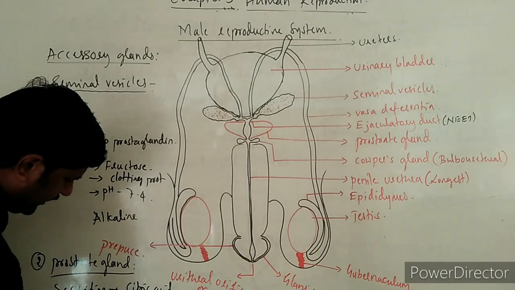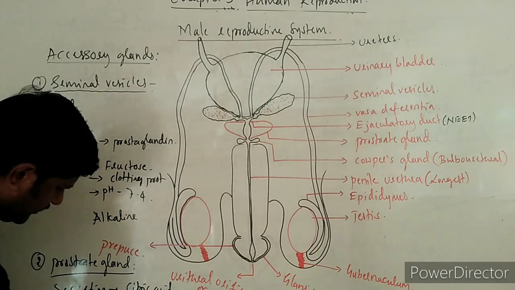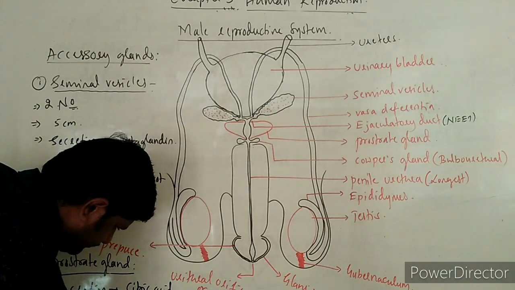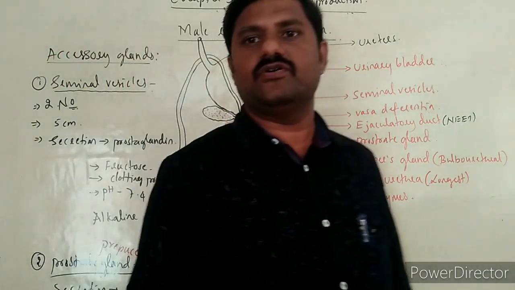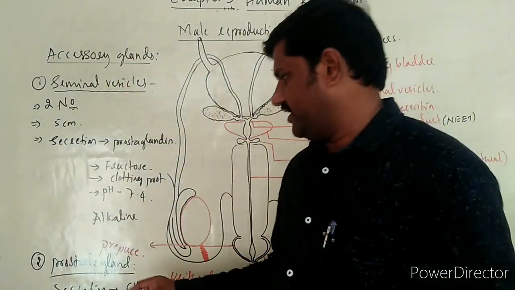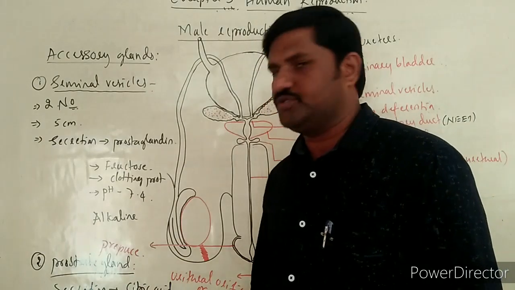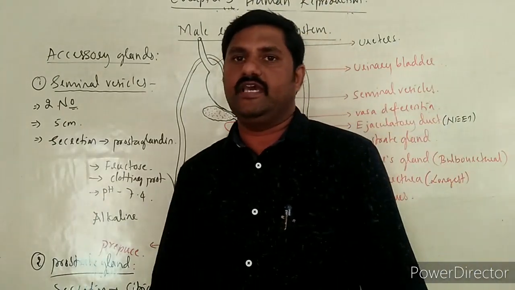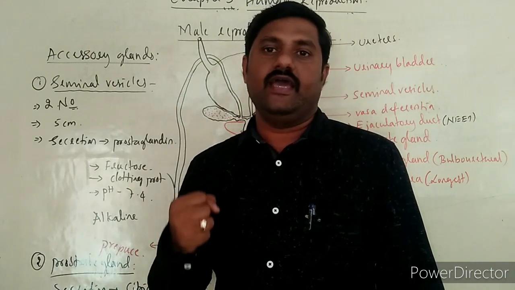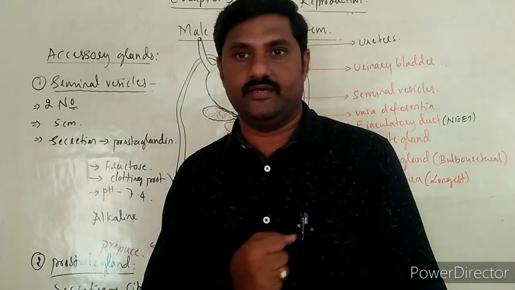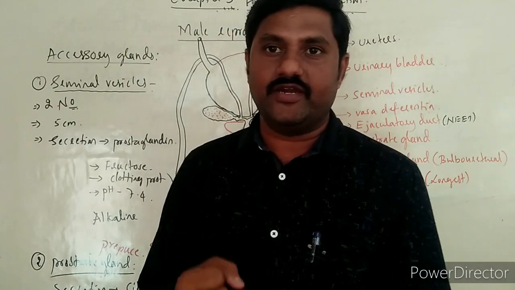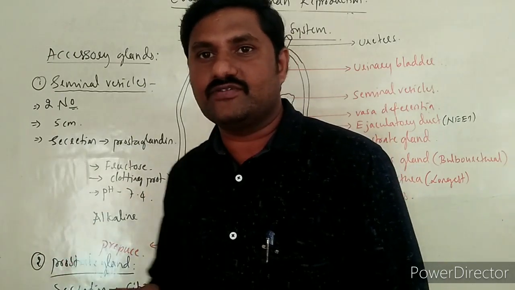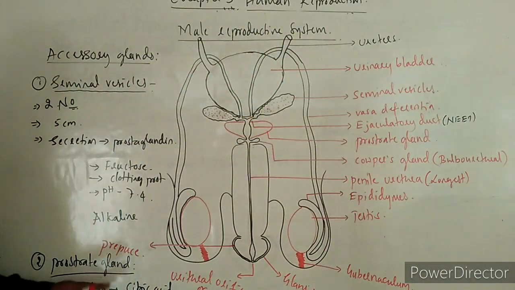Along with this, amylase is also released, and one more very important one, pepsinogen, is another enzyme released, the major content of this prostate gland. All these secretions help in activation of the sperms and help in active swimming of the sperms in the vaginal debris. That is also a very important thing to be noted regarding the prostate gland.